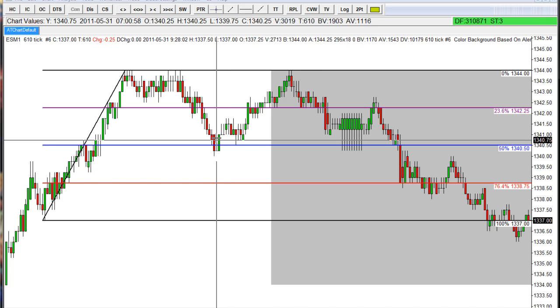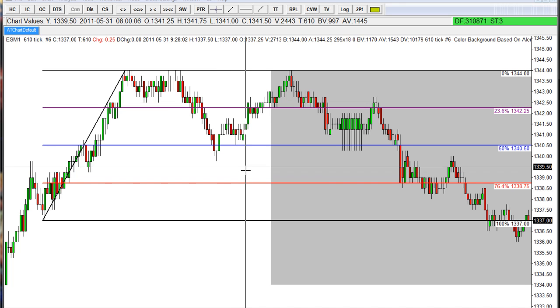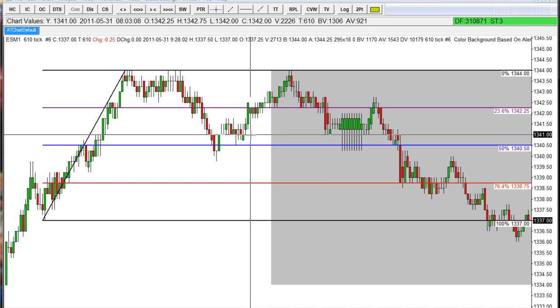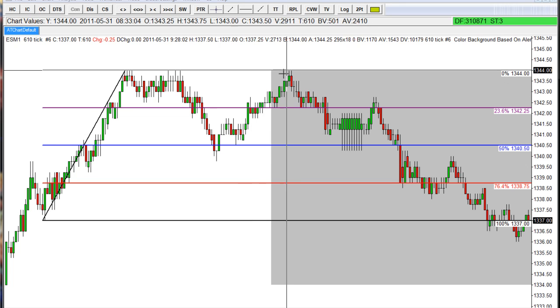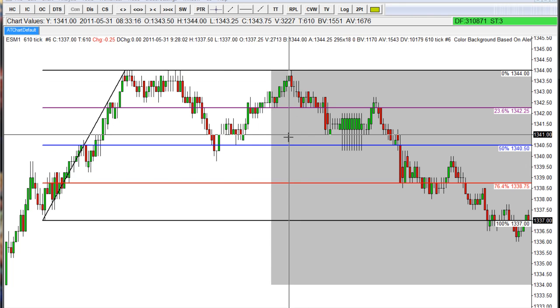Now if you're trading with multiple lots, what I recommend is that once you reach the first target, you can move the stop loss to break even, or to break even plus 1, while you wait to see if your second target is hit, or you get stopped out.